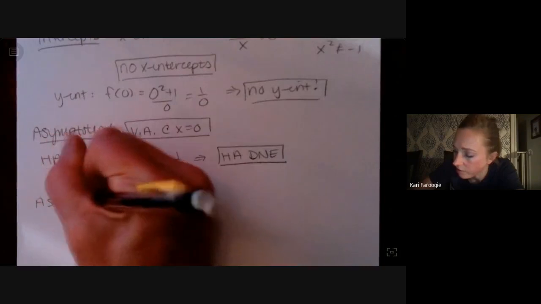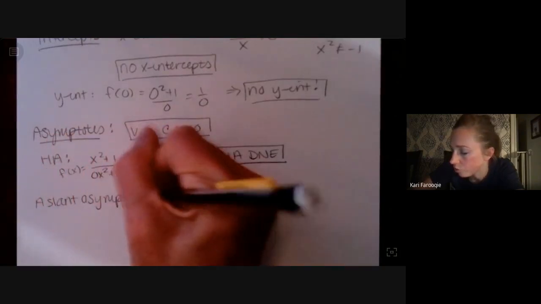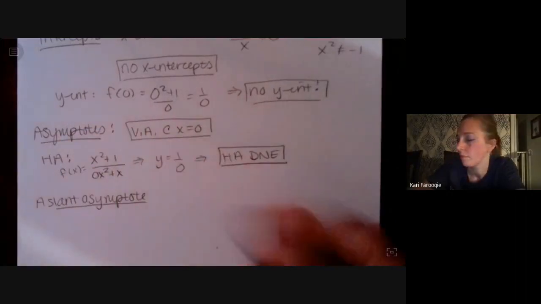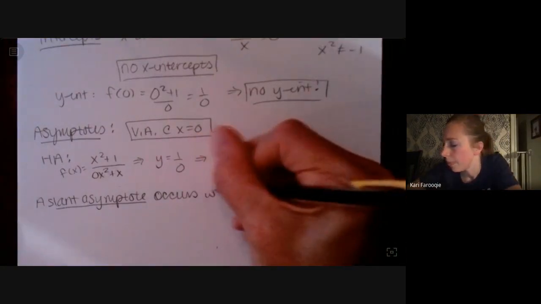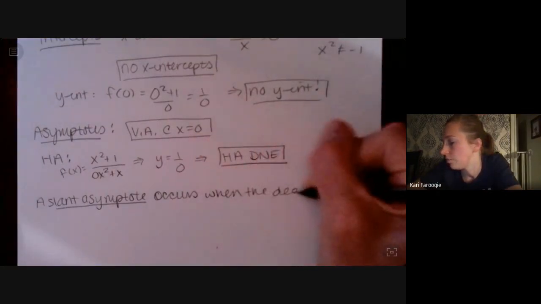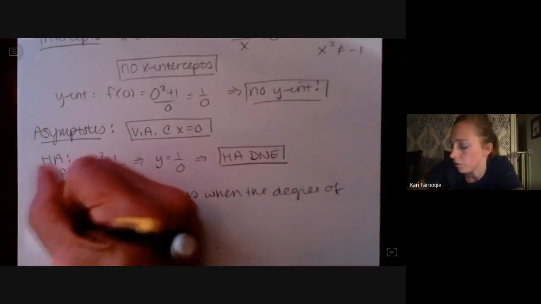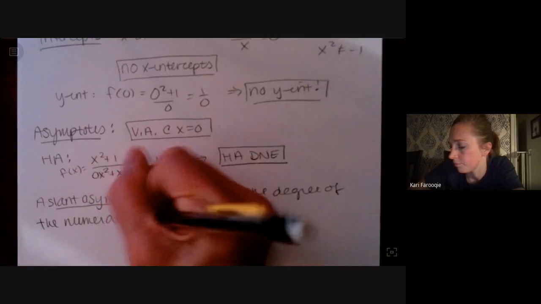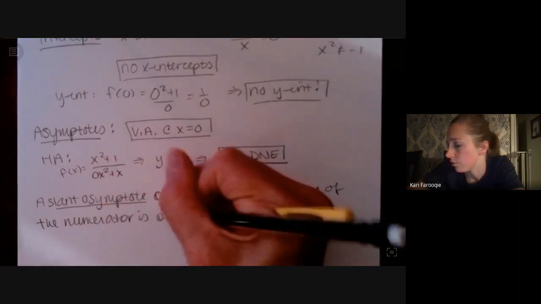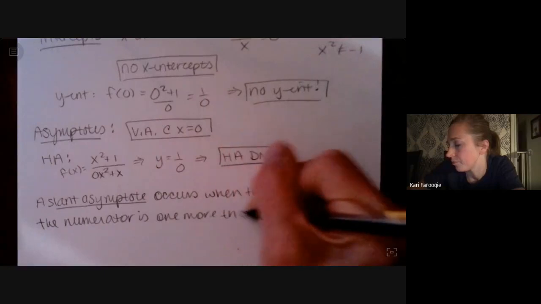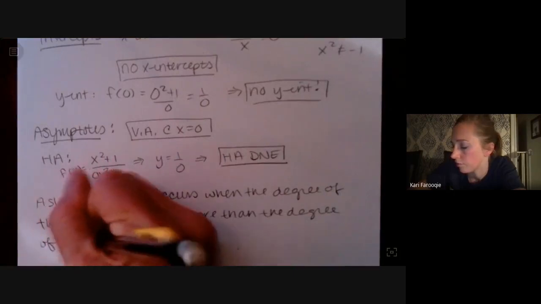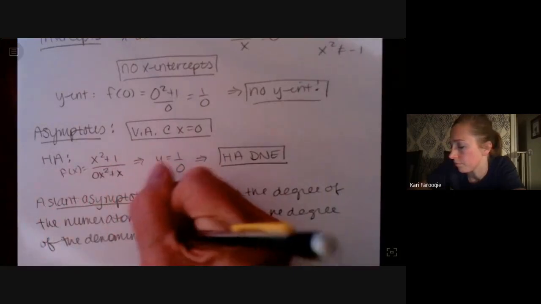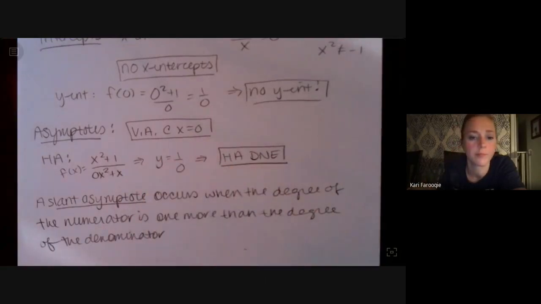A slant asymptote, hopefully you saw this in college algebra or algebra 2, whichever you had, occurs when the degree of the numerator is 1 more than the degree of the denominator.